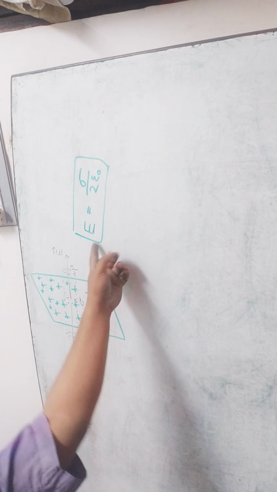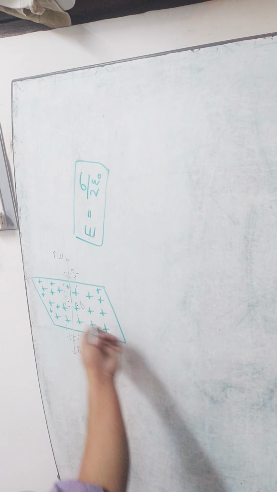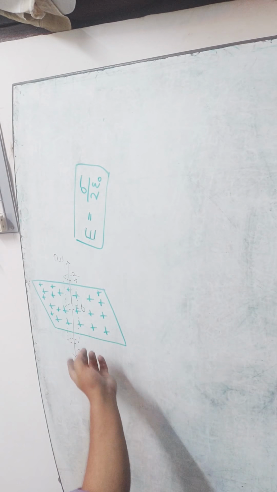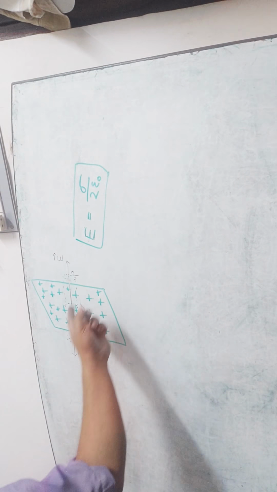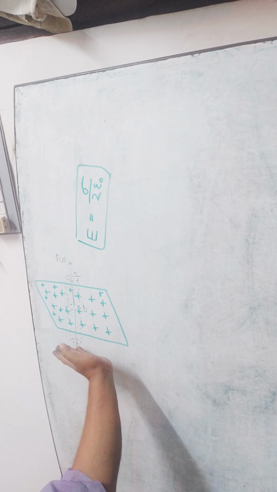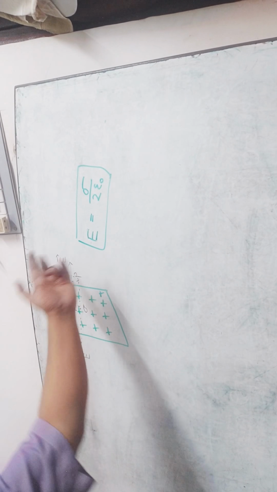This is the electric field at a point P near the infinitely extended surface, sigma by 2 epsilon 0. The 2 is in the denominator because the lines of force come out from the two open surfaces.